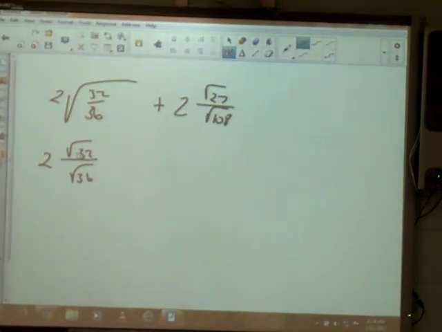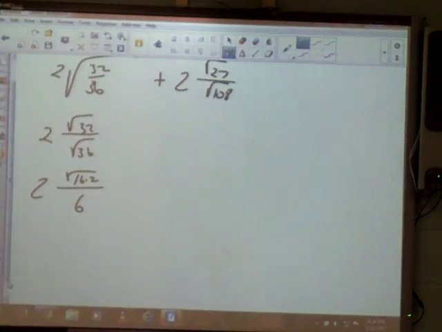Let's just go ahead and break all this stuff down here. So this is the same as 2 times the square root of 32, and the biggest perfect square that'll go into 32 is 16, over the square root of 36. Y'all can go ahead and rewrite that. Okay, what's the square root of 16? 4, so you've got 2 times 4 square roots of 2 over 6.